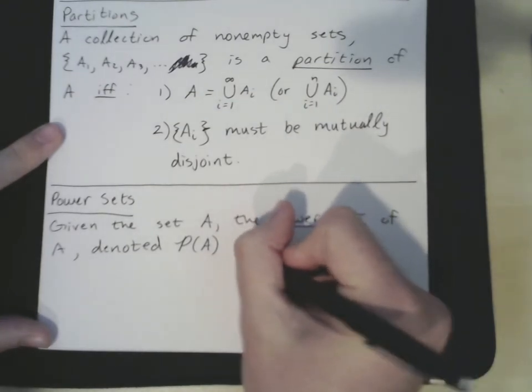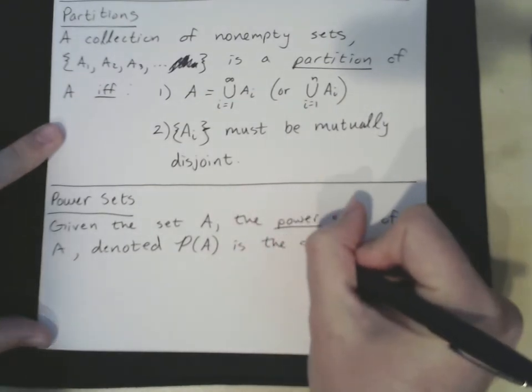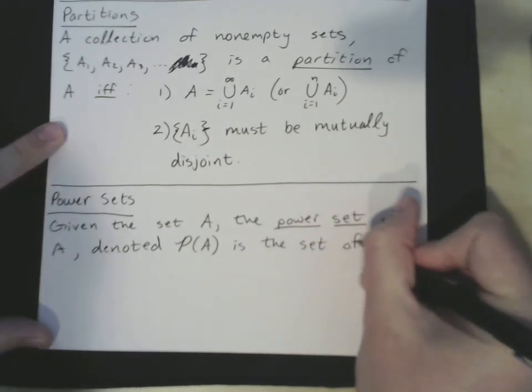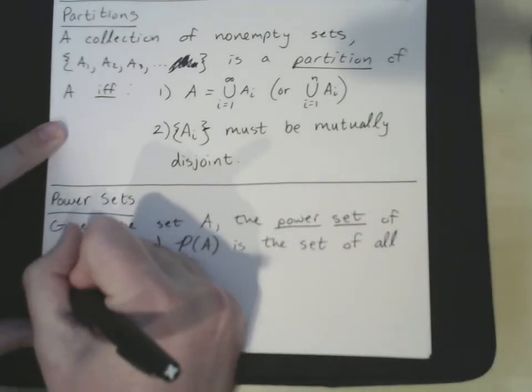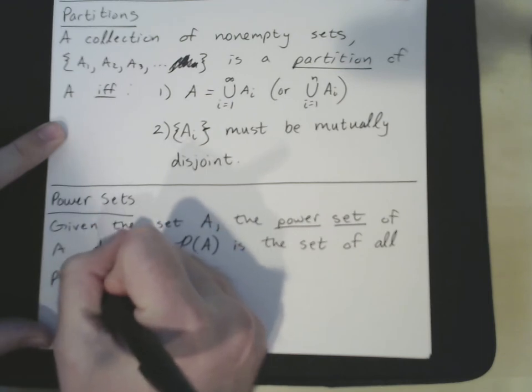This is the set of all possible subsets.